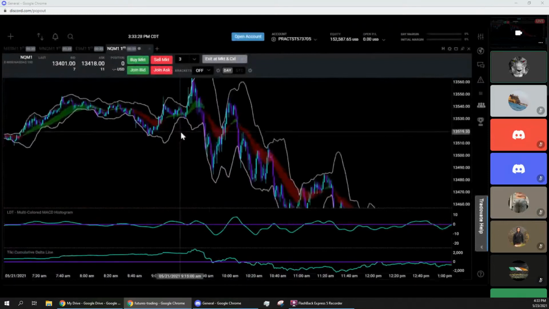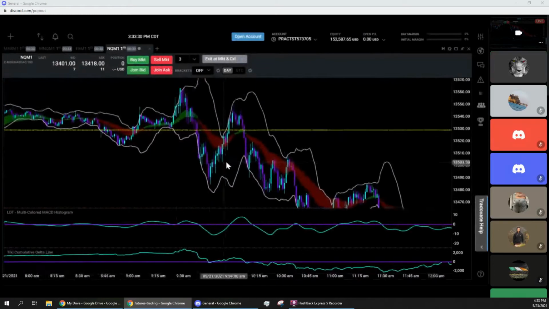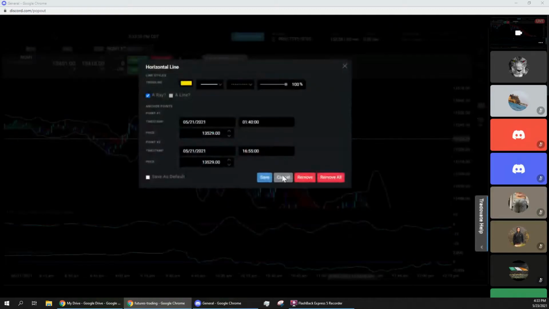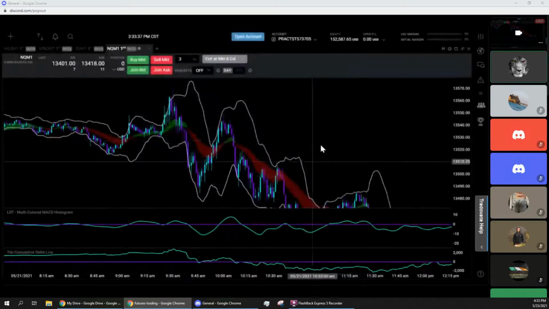Let's walk through the day real quick on the NQ. That's the level that I had put for the NQ, the new one that's coming up.